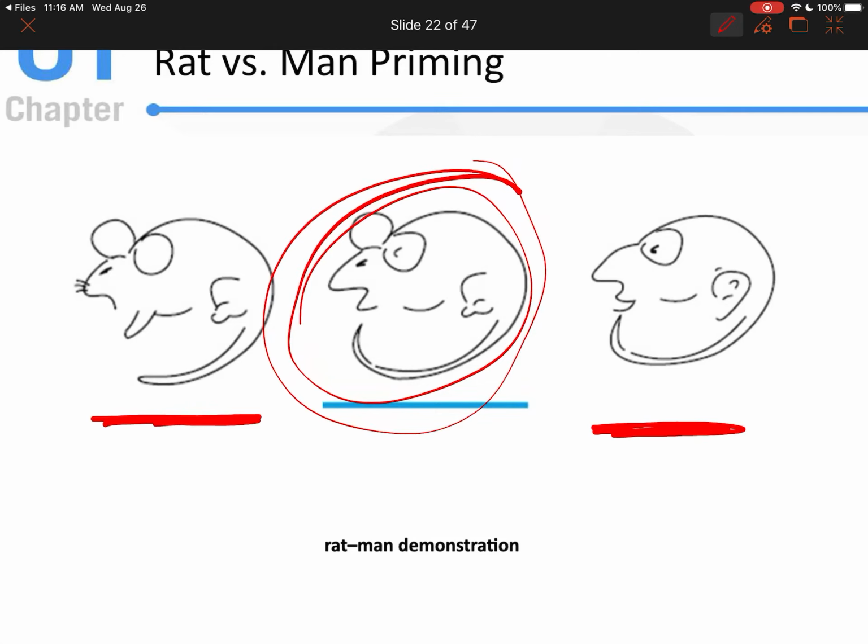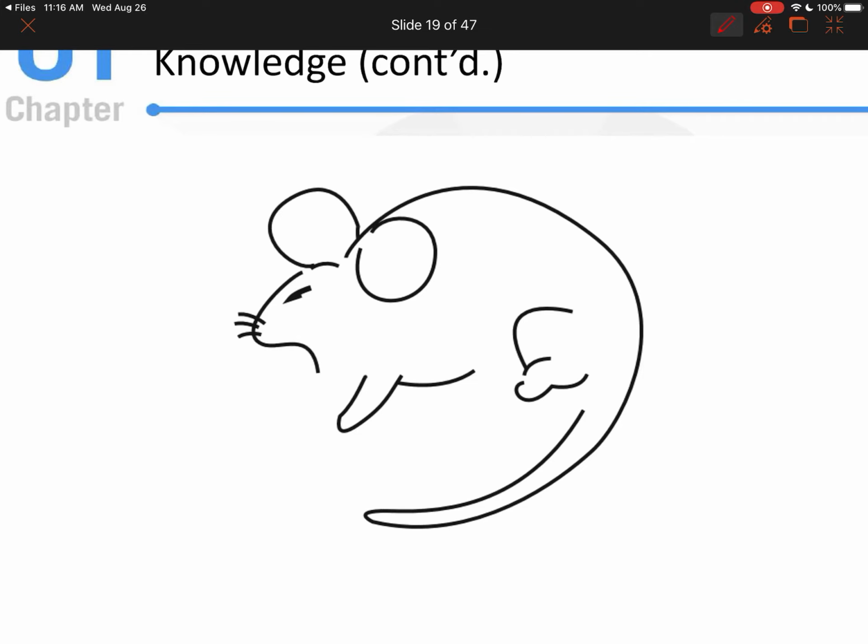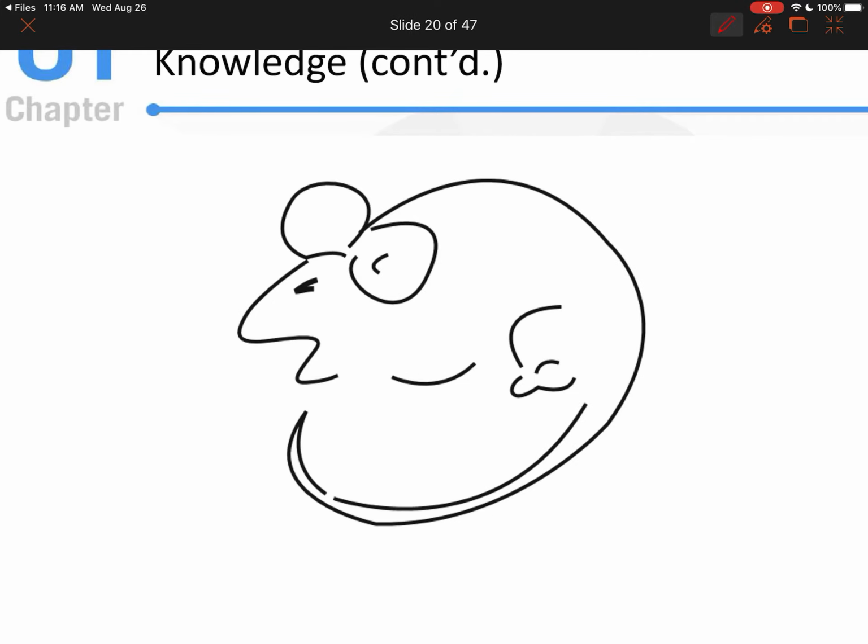So what did you see and what do you think I primed you for? Okay, so this is the picture that I showed you, and then this was the picture that I said, what do you see? And I want you to actually write this in your participation journal, okay? I want you to think about, did you see a rat or did you see a man?